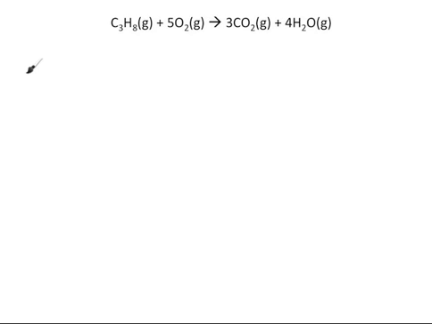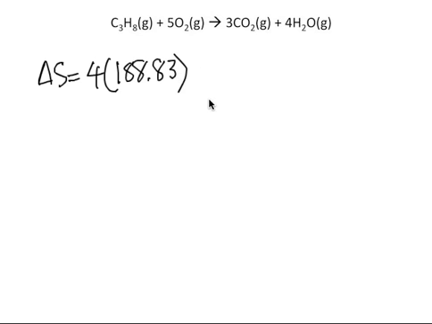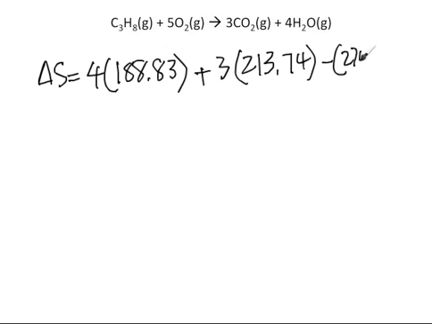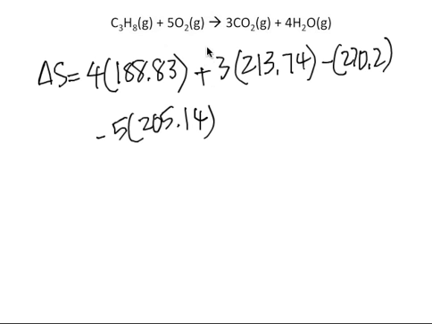So delta S is going to be 4 times 188 for water. Same calculation as with enthalpy. Just look at the table. For carbon dioxide, it's 213.74 minus 270.2. For the propane, minus 205.14 times 5, because we have 5 oxygens.